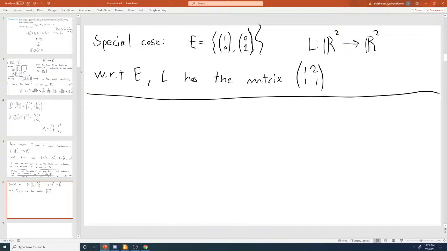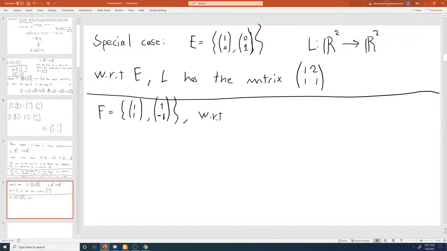Now I'm going to introduce a second basis. My second basis is going to be F, and this is going to be 1, 1, and 1, negative 1.